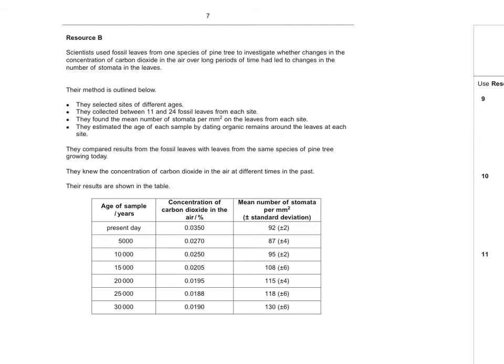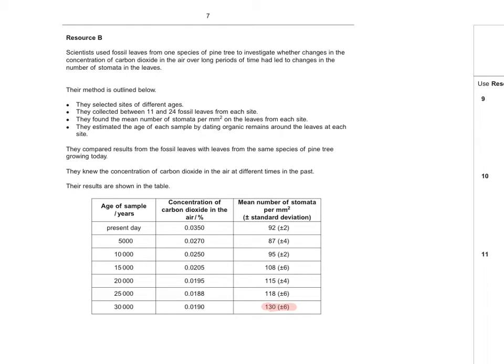So present day, getting further and further back in time, 30,000 years. Concentration of CO2, right? So it's higher now. It used to be lower. It used to be higher before then as well. So it's fluctuated, but that's neither here nor there. And the mean number of stomata: 92, 87. What I like to do on these numbers is just highlight max and min. So where's my highest number here? Highest number is there.